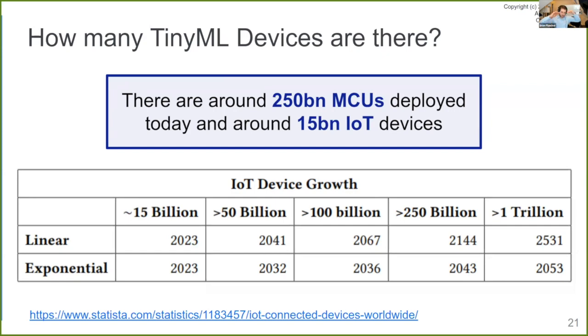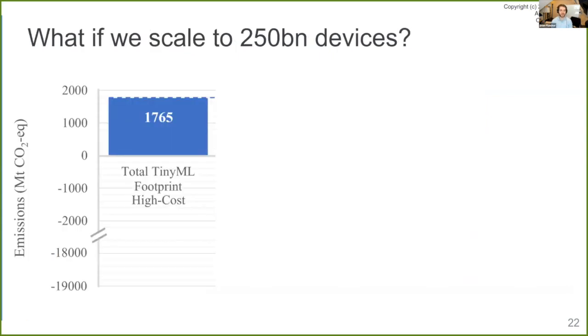So we said, okay, let's just take that 250 billion number and assume that there are 250 billion TinyML devices right now. What is the environmental impact of all of those? And we also said, if we're going to make these conservative assumptions, let's assume that high cost case we used before. So worst case assumption, 250 billion TinyML devices, all at that super high cost size.